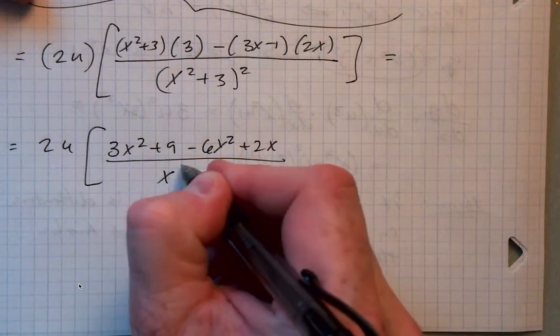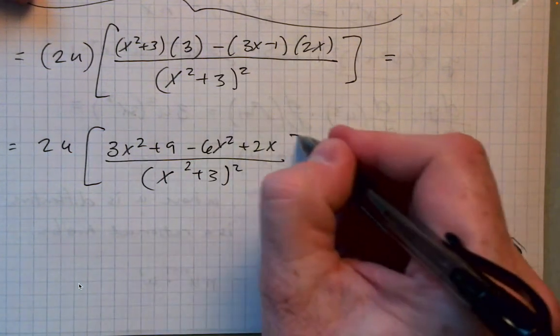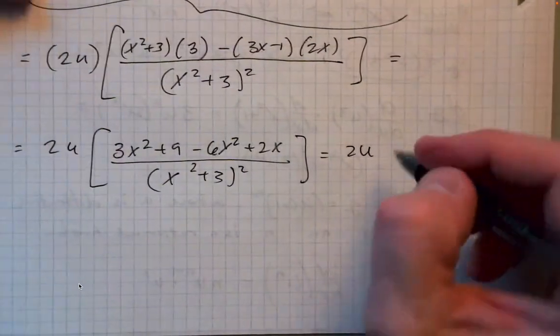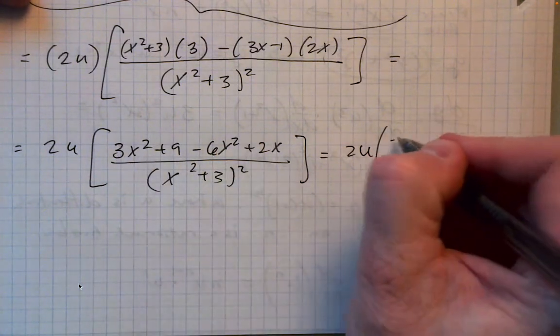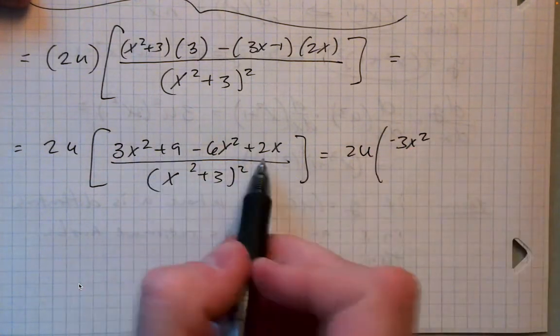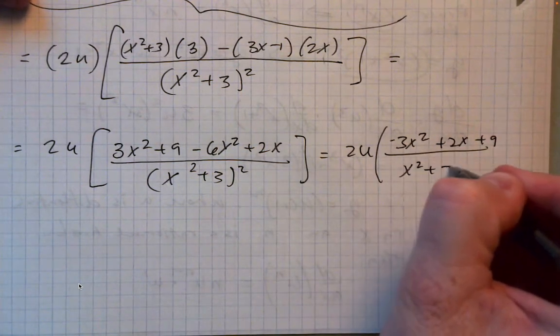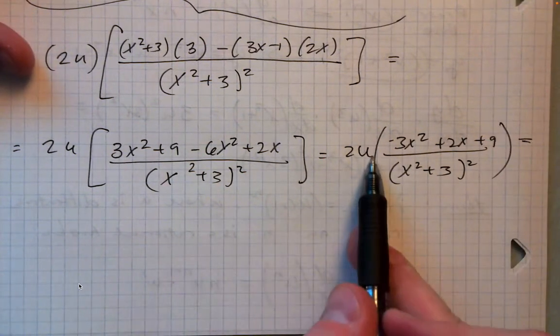Okay, and then down here it's x squared plus 3 squared. So we could probably clean that up just a little more, just to be sure. So 3x squared minus 6x squared is negative 3x squared, and then plus 2x plus 9 over x squared plus 3 squared, right? Okay, now let's plug in the u.